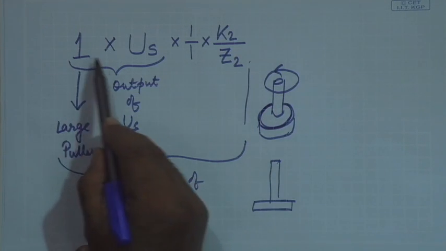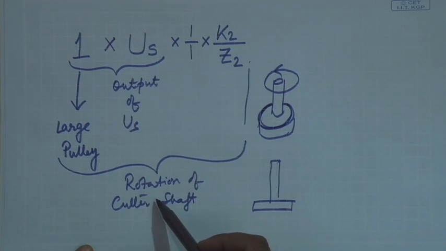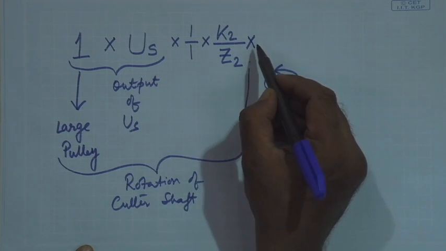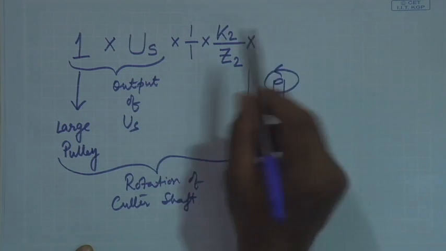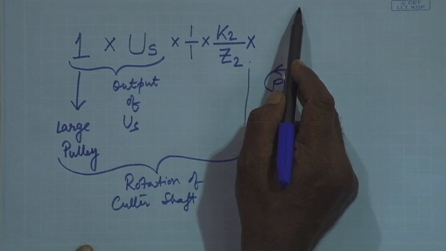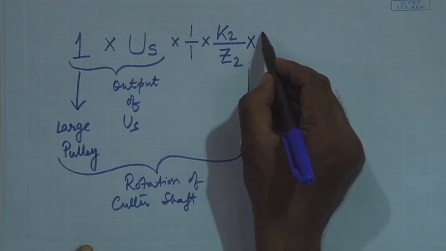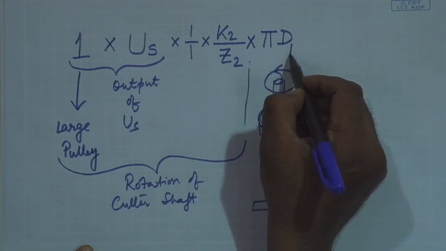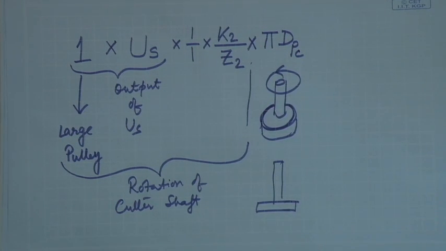Therefore, if you have x number of rotations of the cutter, this we know, rotation of cutter shaft, the amount of circumferential movement on the pitch circle must be simply equal to this thing into pi d. One rotation, pi d amount of circumferential movement, x rotation, x into pi d, where dp is the cutter pitch diameter. Now, this can be simplified.